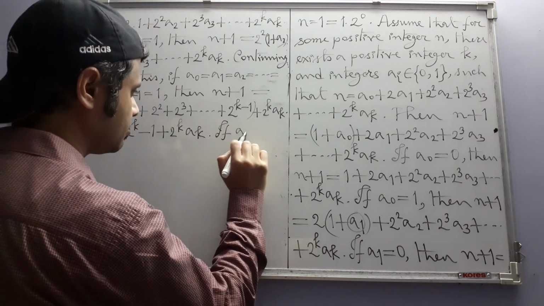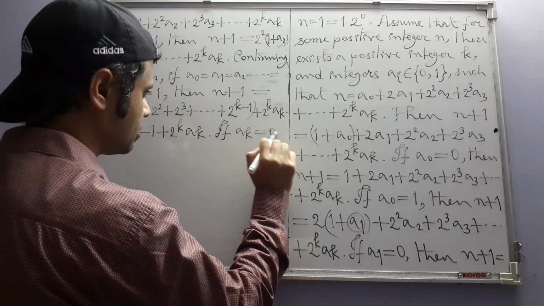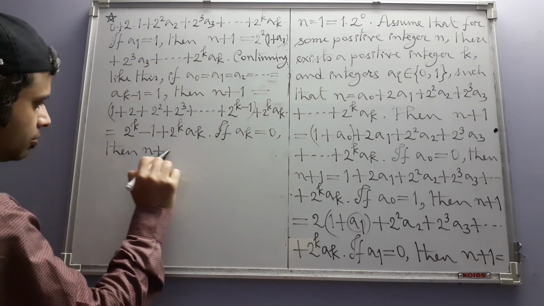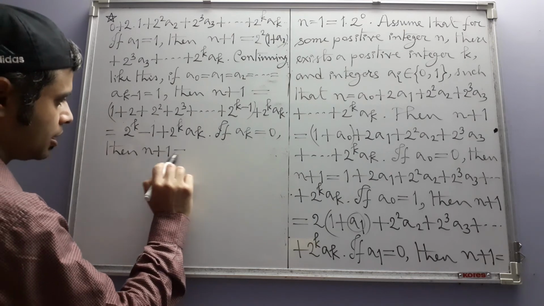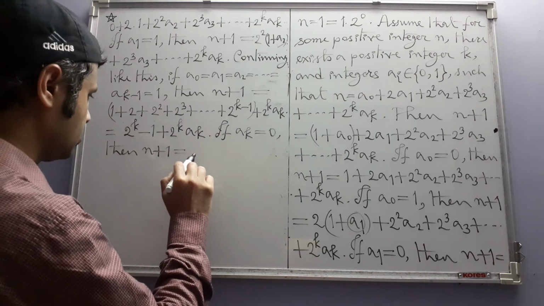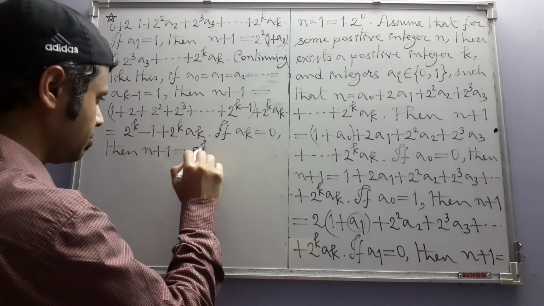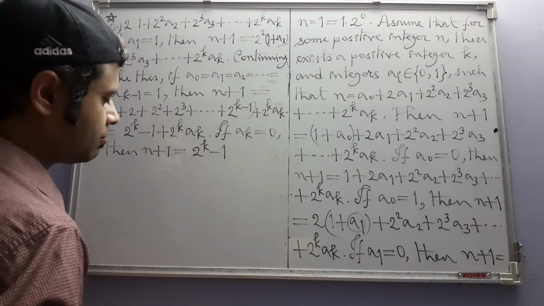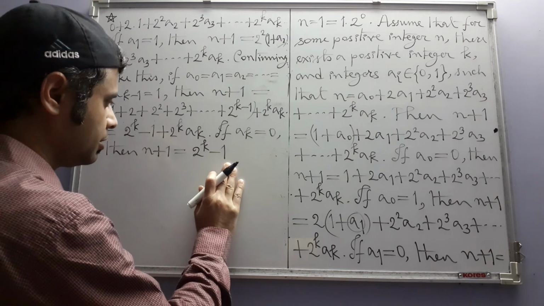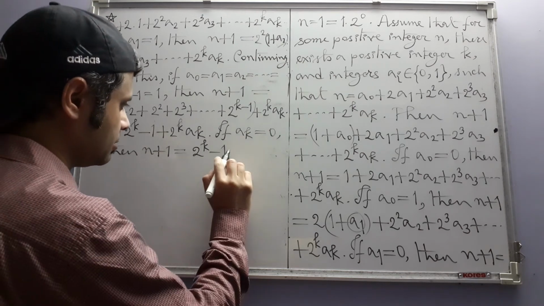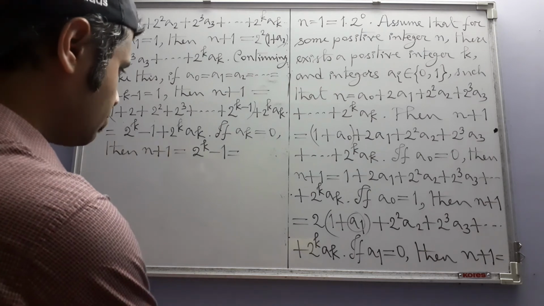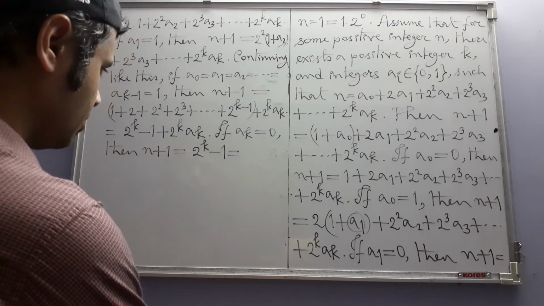Now if ak is equal to 0, then n plus 1 is 2 to the power k minus 1, but how can we possibly take care of minus 1? Will that not create a problem?